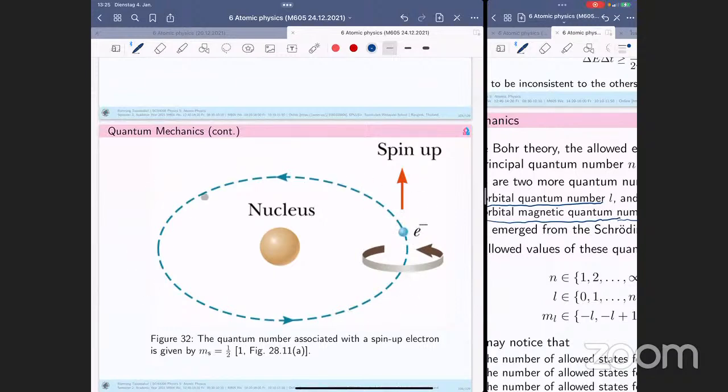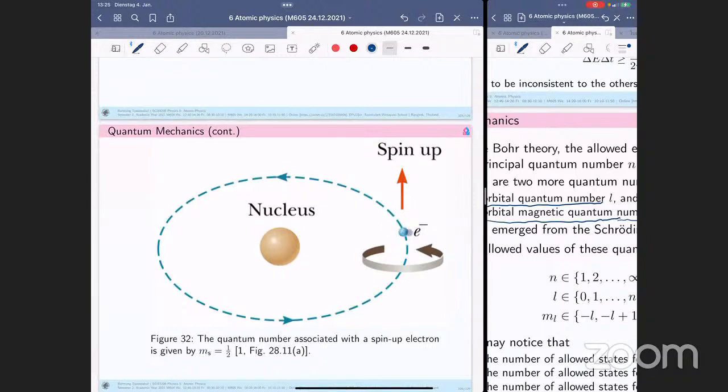For the atom, we have the nucleus, and the electron is moving around the nucleus, but at the same time it seems like the electron is rotating around itself. But it's not true at all. The physicists just give this notation. It looks like the electron is moving around itself, but it's not true at all.